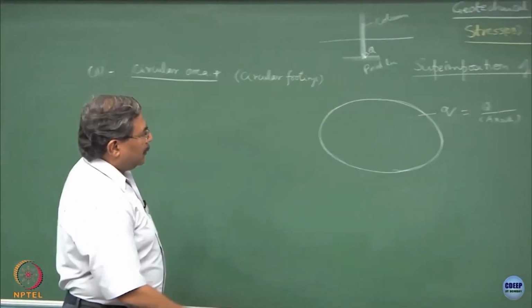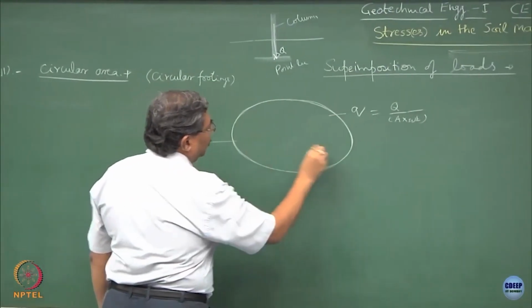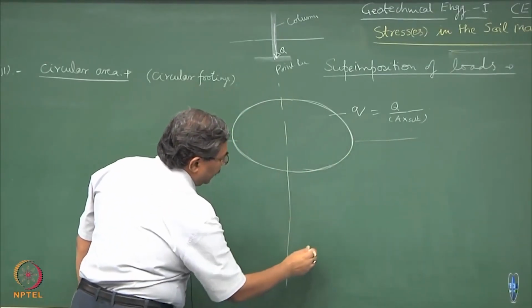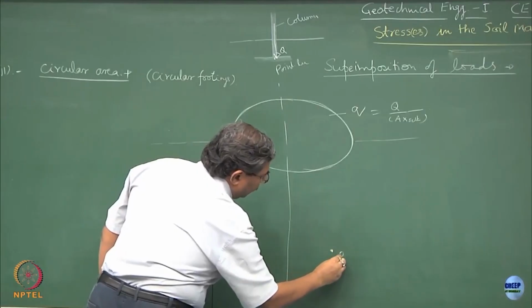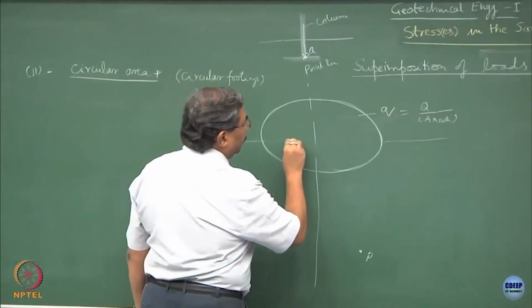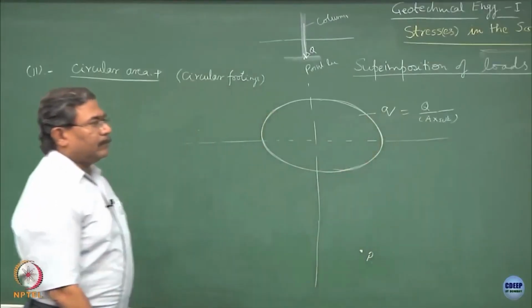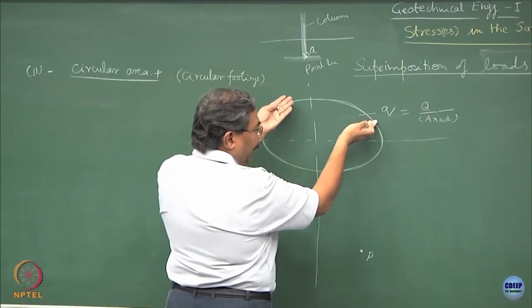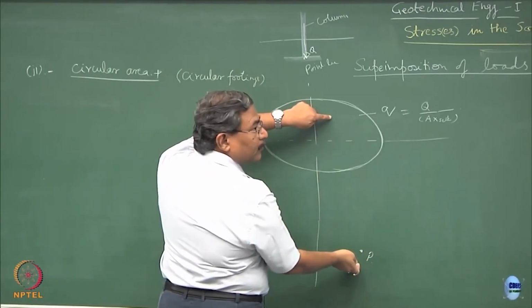And suppose if I ask you to find out what is the state of stress at a given point P. So, this whole thing is resting on the ground, and because of this you want to find out what is the state of stress at point P.